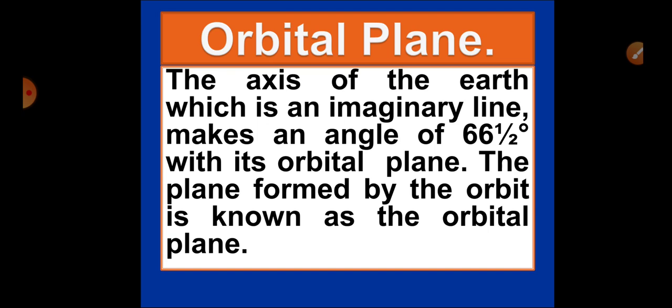These lines are drawn to get the exact location of the earth. From the satellite you can see that, or when we take a picture we can understand the exact place of any area. It makes an angle of 66 and a half degrees with its orbital plane. The plane formed by the orbit is known as the orbital plane.